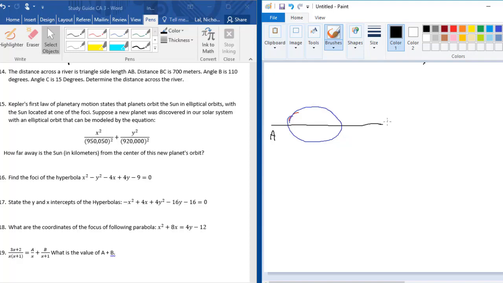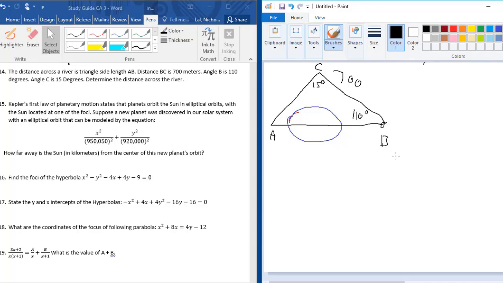So this is A, this is point B. Distance BC, so this is a triangle. BC is 700 meters. Angle B is 110 degrees. Angle C is 15 degrees. Determine the distance across the river.